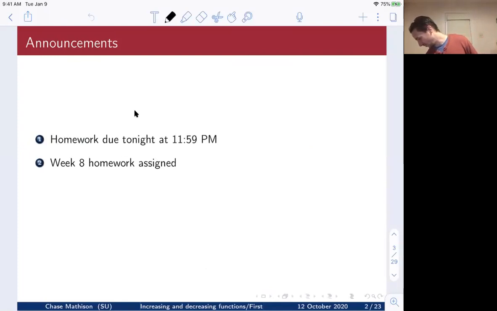It is over the first and second derivative test and increasing and decreasing functions and concavity. That should be visible in Canvas now. I'll post the answer key for last week's homework after class. There were a few late submissions, but I'll post the answer key after class.